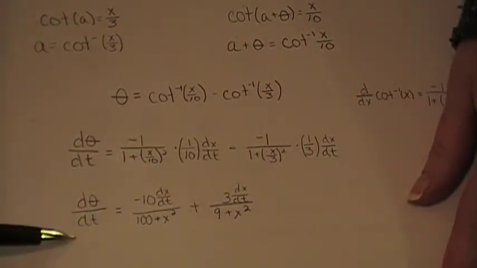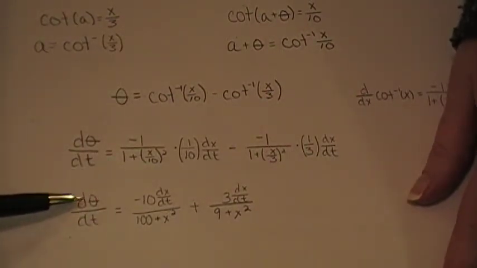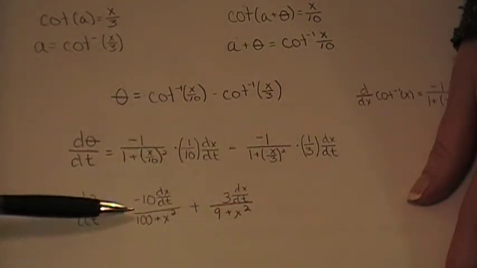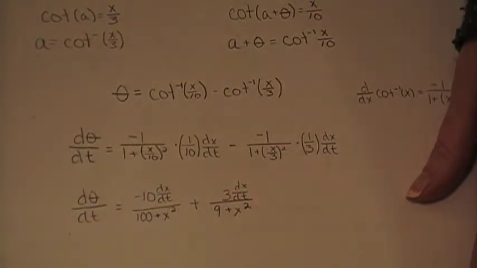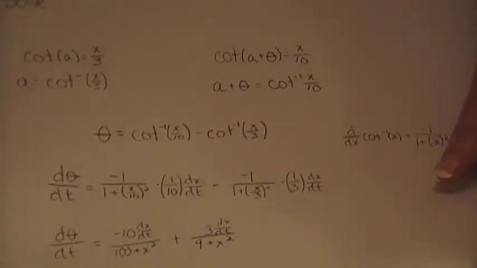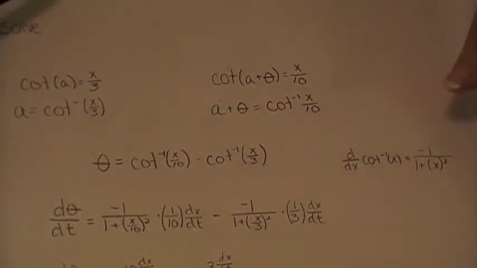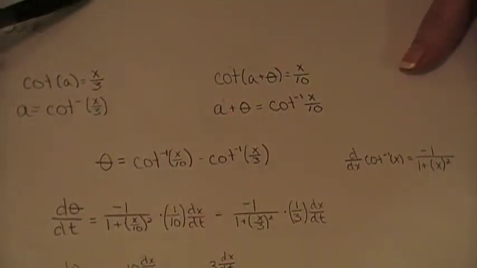So this is our derivative for theta. Once we have that, we need to just plug in our x and our x derivative, which were given to us: x was 30 and the derivative of x was 3 feet per second.